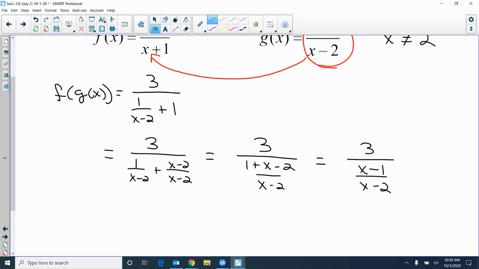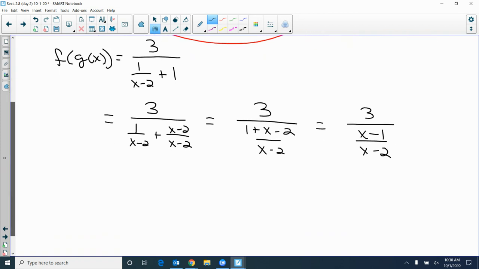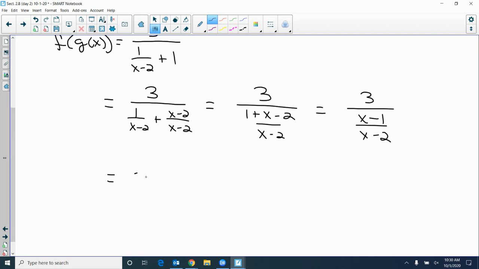Can I leave that? No, it's still a complex fraction. How do we fix that? Well, this is a division. Remember old division by fractions? Keep, change, flip. Keep the top one, change it to what? Multiplication, flip the bottom fraction. So nothing different. Keep the top, which is just a 3. Change it to a multiplication.